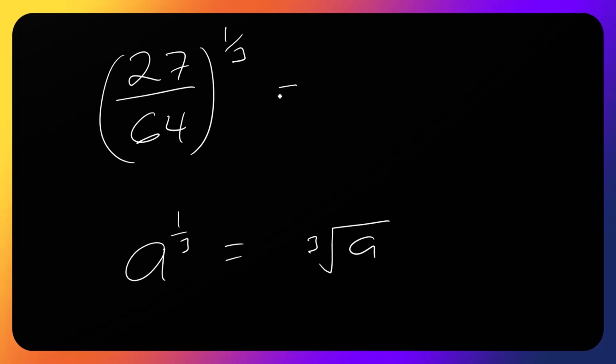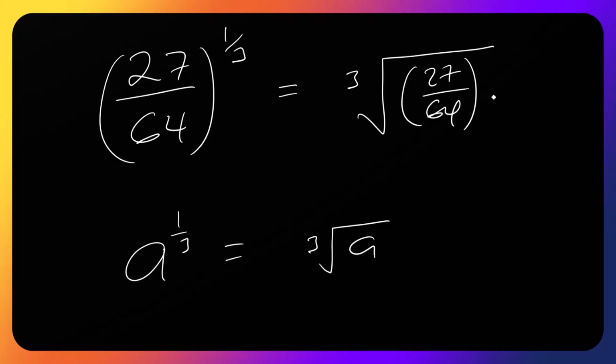Now the last method for the same question. 27 on 64 all raised to 1 over 3. Since a exponent 1 over 3 will be cube root of a, we can write this as the cube root of this 27 on 64, everything at once, and it will give us 3 on 4.